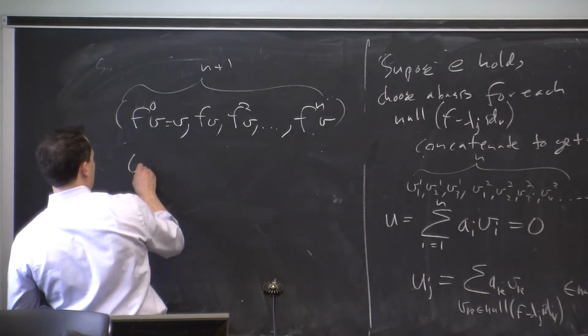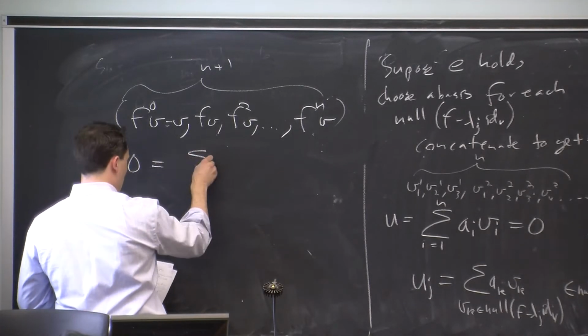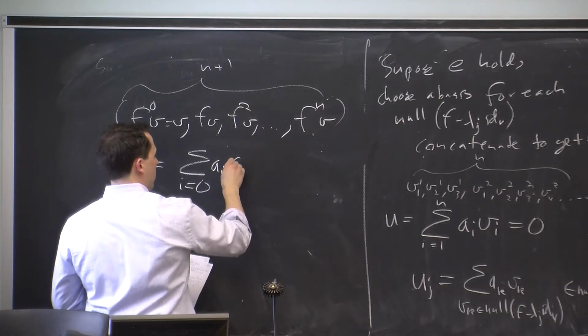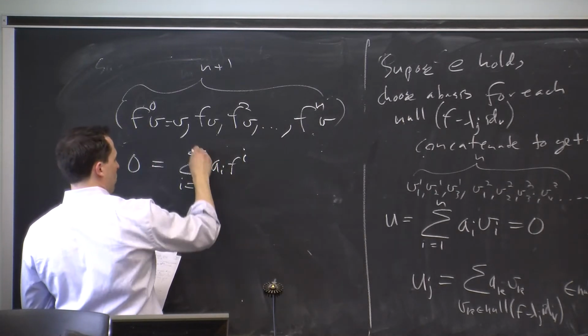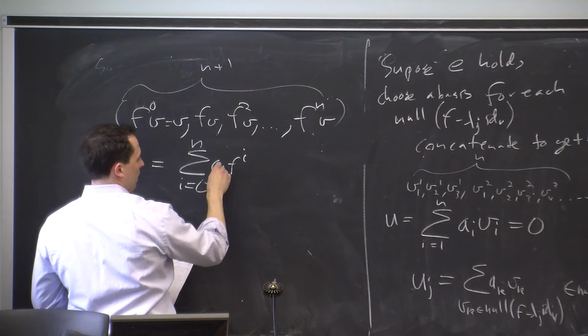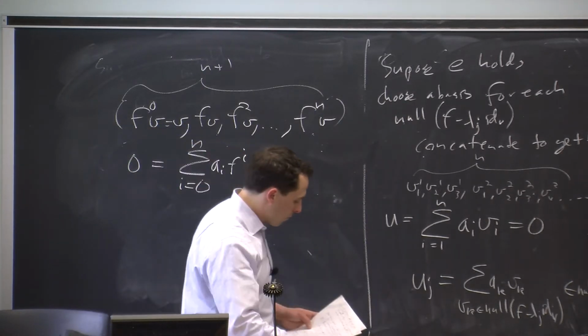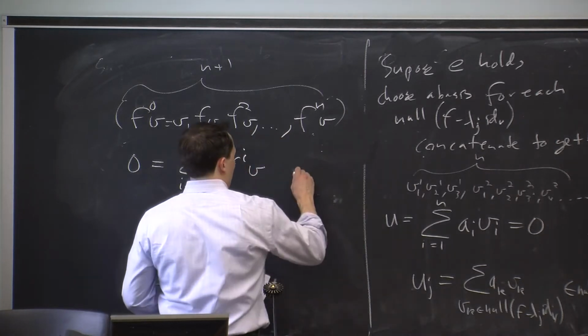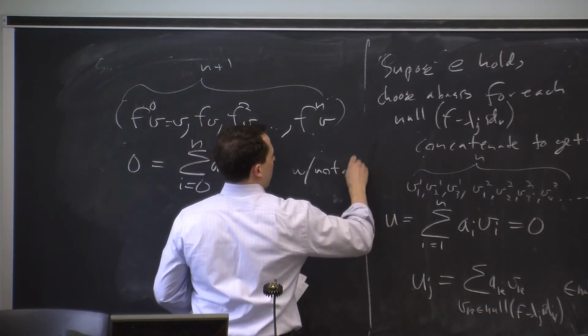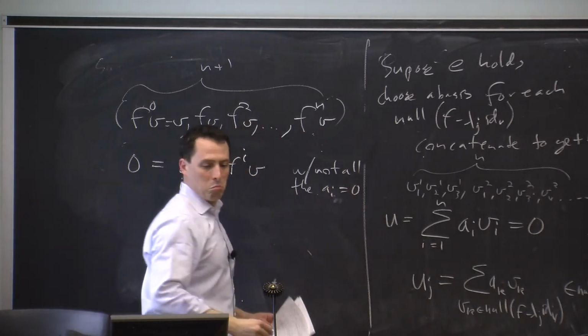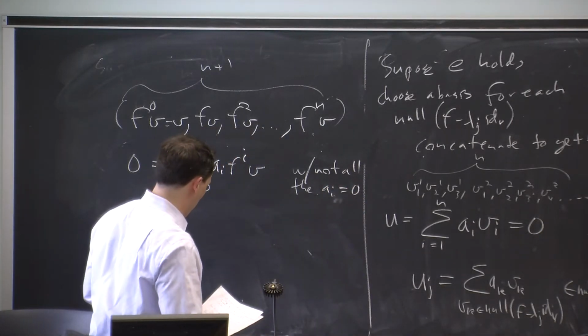Since it's dependent, there exists a linear combination of these vectors, which I can write this way: the sum from i equals 0 up to n of a sub i f to the i, applied to V, with not all the coefficients 0. That's what it means to be dependent.